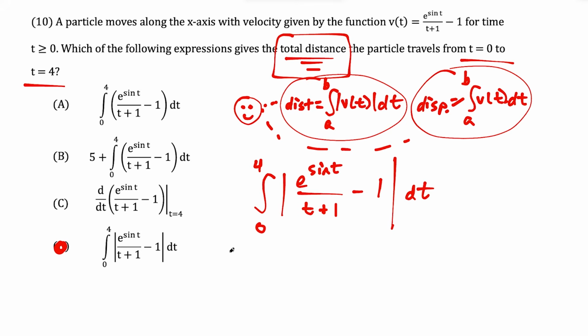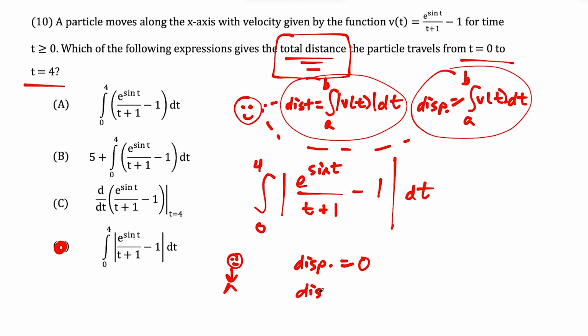If we want to know the difference between displacement and total distance, say I had some guy walking, and he takes 1, 2, 3 steps forward and then 1, 2, 3 steps back. His displacement would be equal to 0.